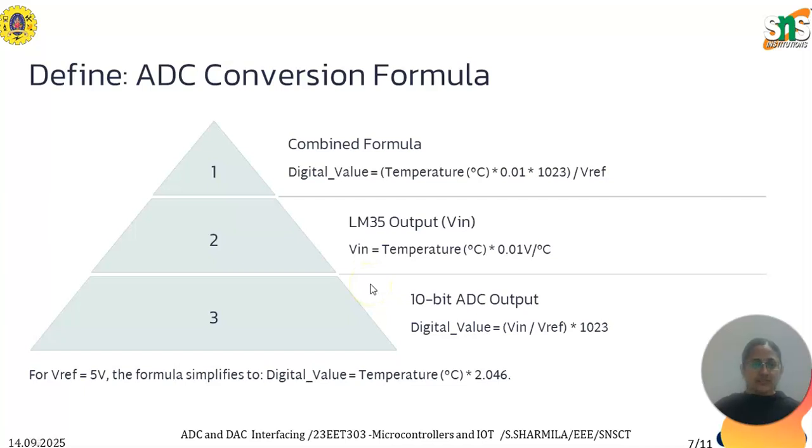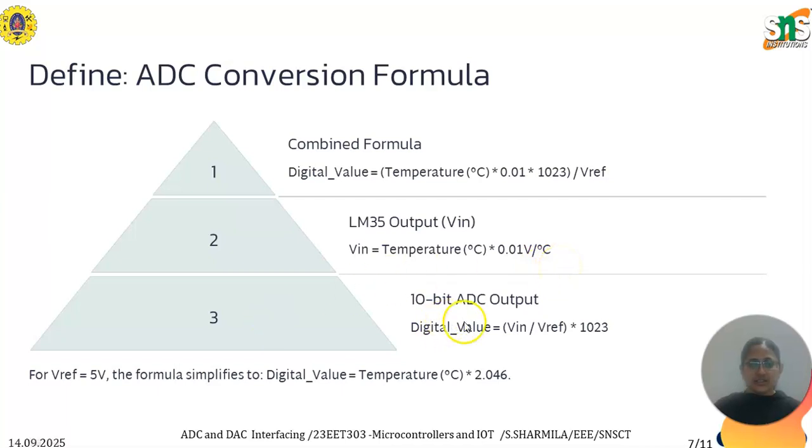The ADC conversion formula: the combined formula gives the digital value, which is our output. Digital value equals temperature in degrees Celsius times 0.01 times 1023 divided by V reference. The LM35 output V in equals temperature in degrees Celsius times 0.01 volt per degree Celsius.